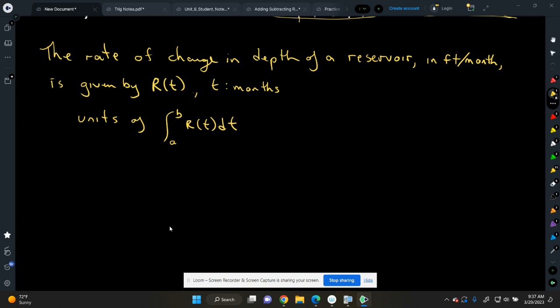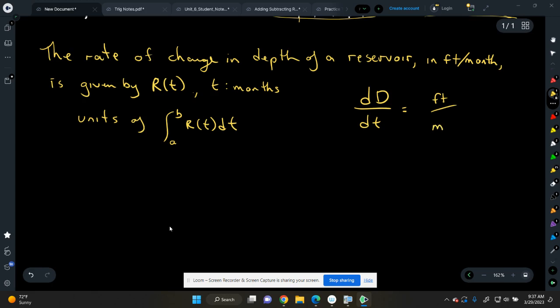Okay, let's think this through, right? If the rate of change in the depth, so we're going to say d, change in depth with respect to time, is measured in feet per month, right? Okay, so if I take the integral of r of t, what am I getting?